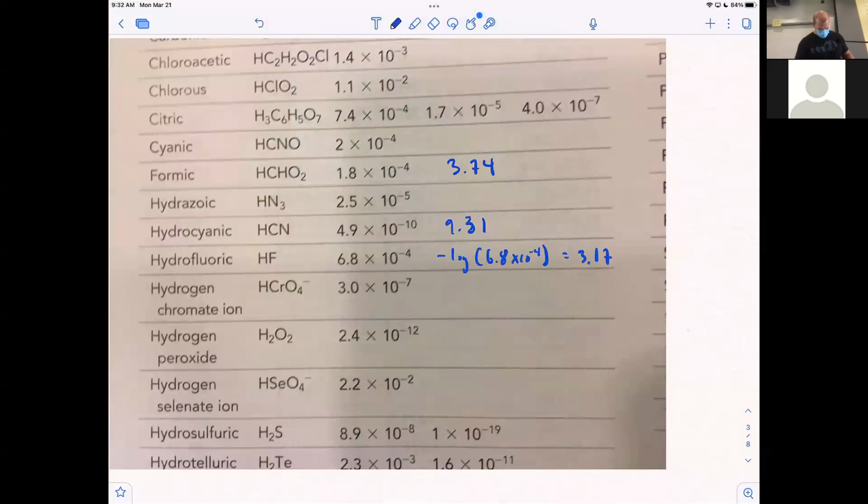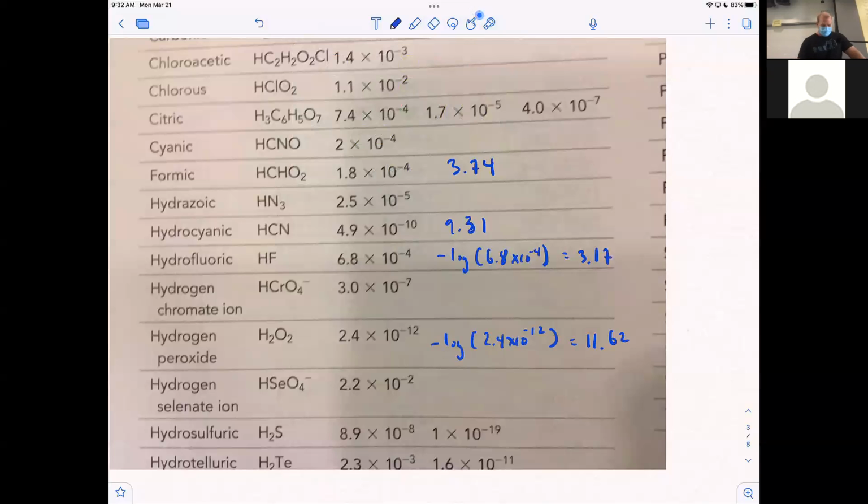And I'll do a big one: hydrogen peroxide, minus log of 2.4 times 10 to the minus 12. Exponent 12. So this would be 11.62. And the point I'm trying to make here is it just depends on the size of the Ka value.